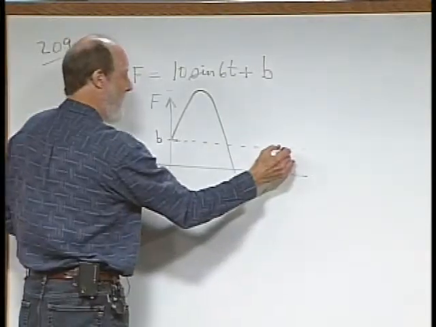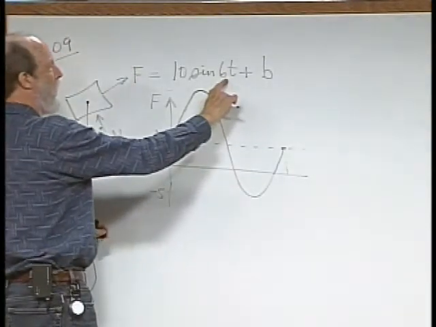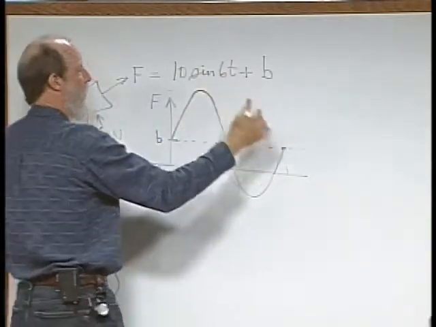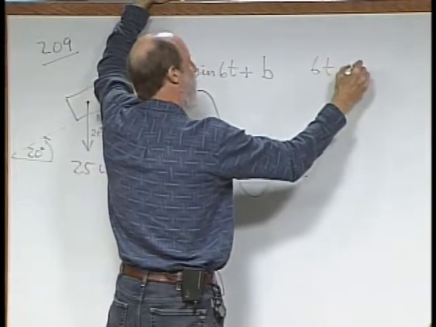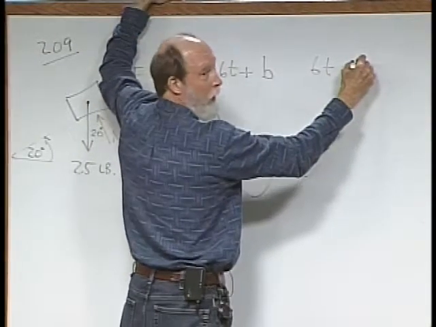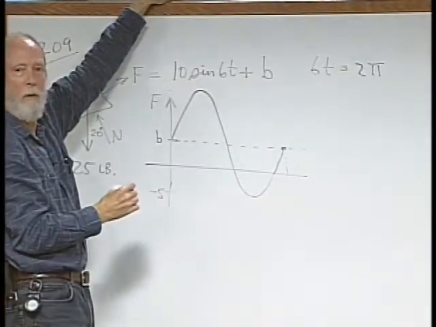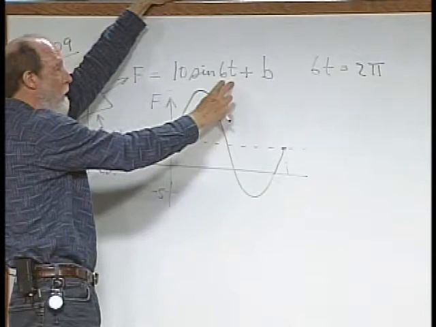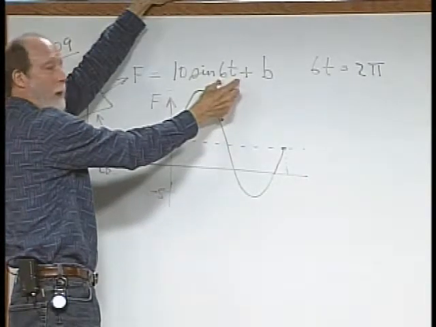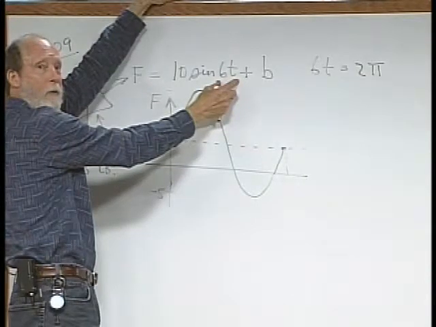And the period of this function is going to be whatever it takes for 6t to finish a sinusoidal cycle. The entire argument of the trig function taking on a value of 2 pi, which you know is where a sinusoid would finish a cycle.